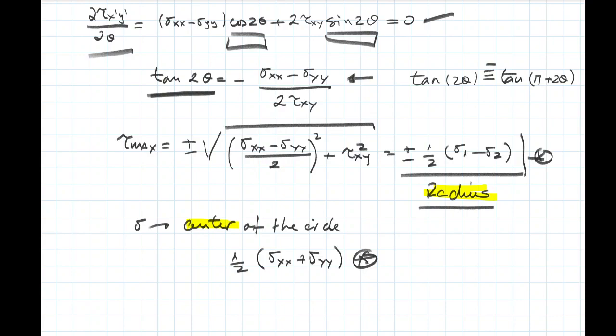When you migrate from 2D to 3D, it's more work to find out these quantities, but the procedure is the same. And the idea is to have the background so a Mohr circle in 3D doesn't come as a stranger. So it's pretty simple.